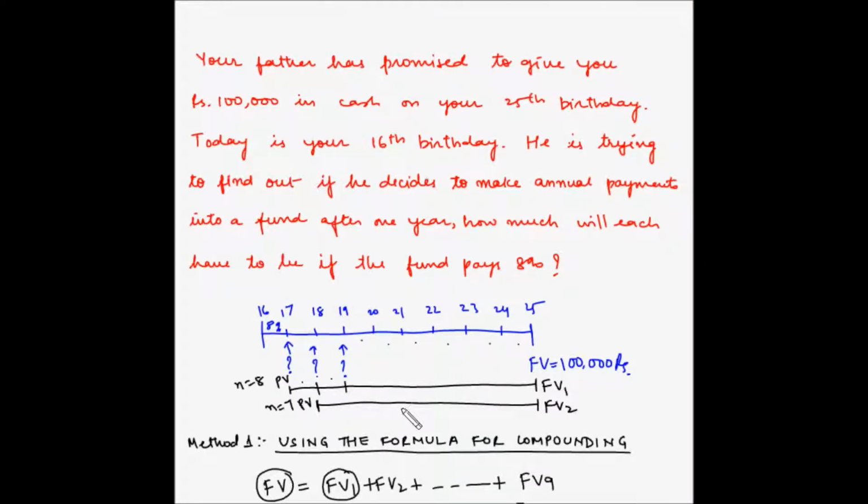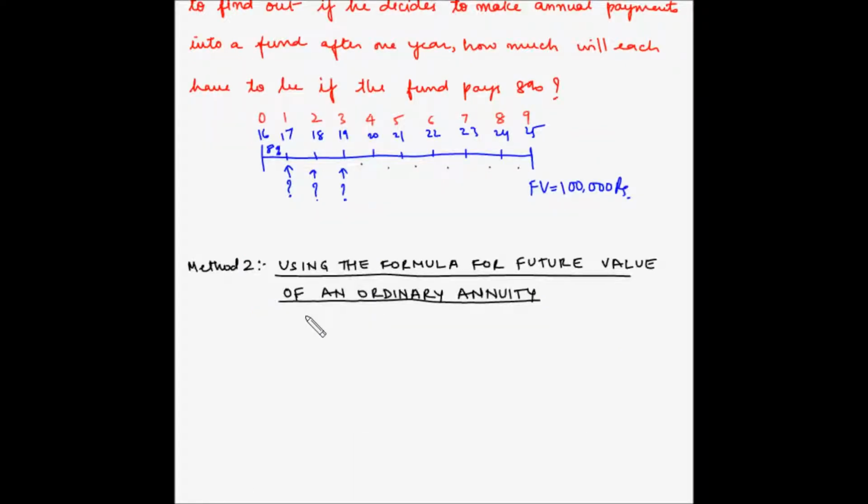Now let us look at the second method, which is to use the formula for future value of an ordinary annuity. Now why did we consider this as equivalent to future value of an ordinary annuity? So let's understand this.